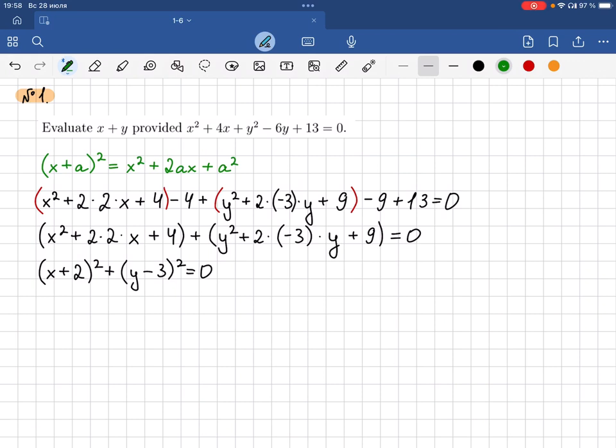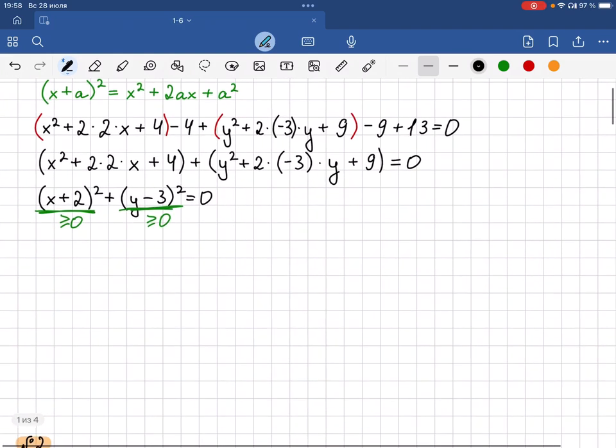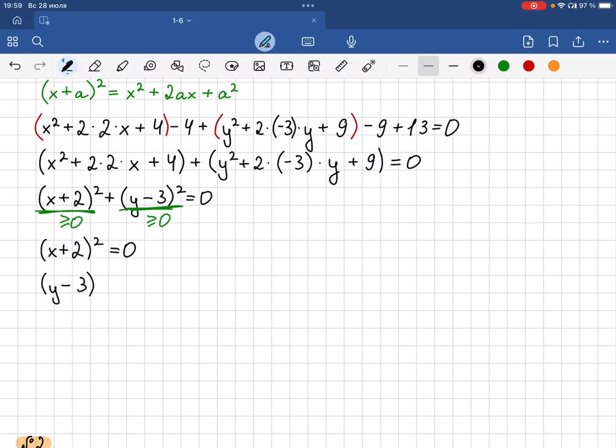We can also notice that both summands are non-negative. The first one and the second one, they both are greater than or equal to 0. And we know that a sum of two non-negative terms equals 0 if and only if both terms are exactly 0. So we have a system: a squared sum of x and 2 equals 0 and a squared sum of y and minus 3 equals 0.